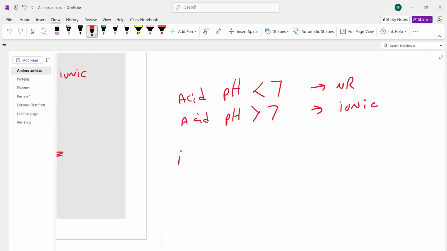We have an amine, pH less than 7. We form ionic compound. Let's say compound.